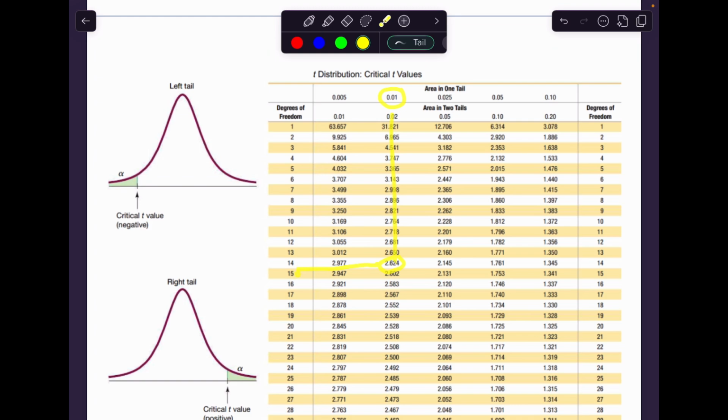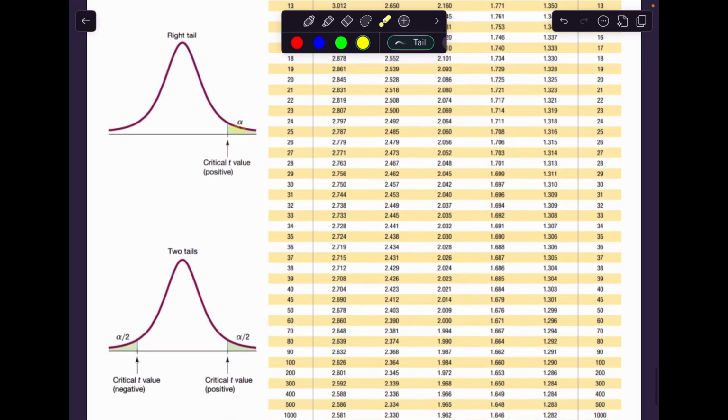So you'd pick either one depending on whether it's a right tail test or left tail test. If it's two-tailed and you want the area between them to be 1%, you again just go to that right column with the degrees of freedom you want. And this creates those rejection regions. And you see, does your test statistic fall into any of those rejection regions?